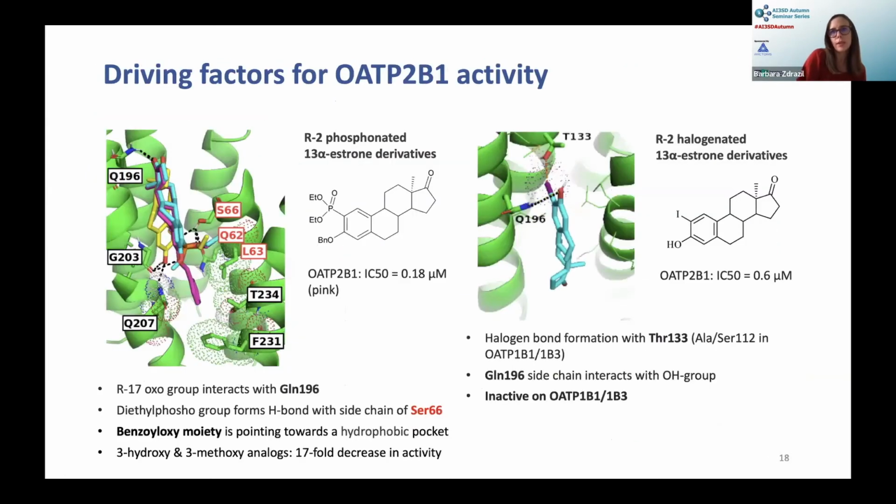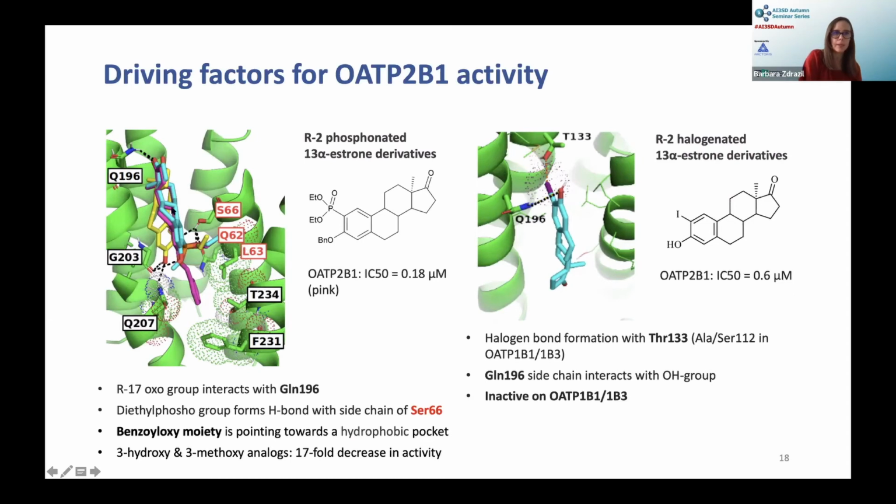And even more interesting were our results for OATP-2B1 activity and selectivity, because this is our in-house data set that hasn't been published beforehand. As an example, on the left-hand side, we see a phosphonated estrone derivative.